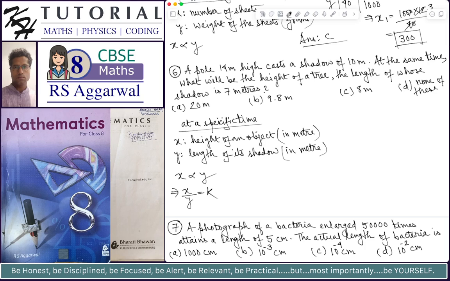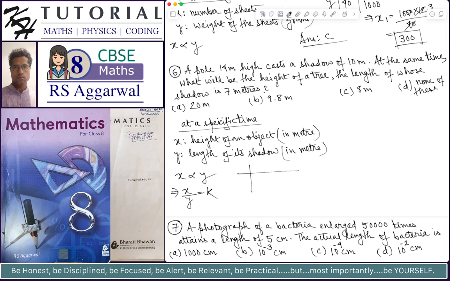Now at some other time, let's say 2 p.m. or 12 o'clock in the noon, the ratio will be the same for all the objects, but the constant will be different from the constant that you calculated at 10 a.m. So the constant of proportion or variation for this problem will be different at different times. Okay. So now let's create the table.